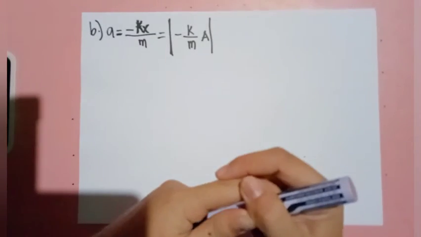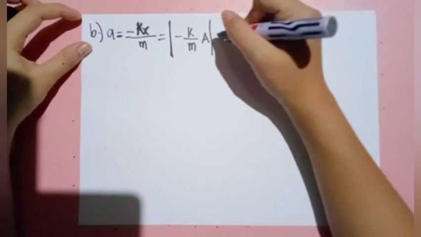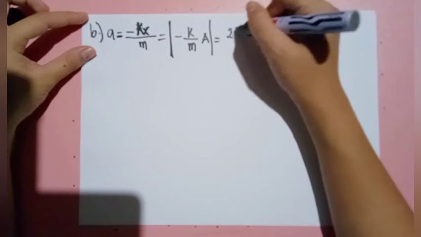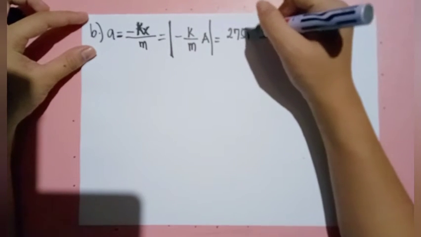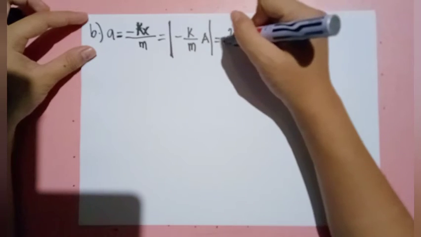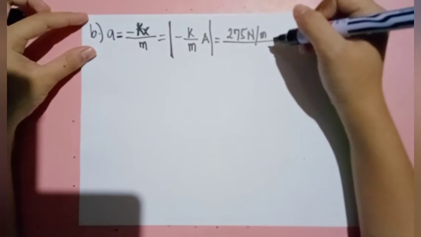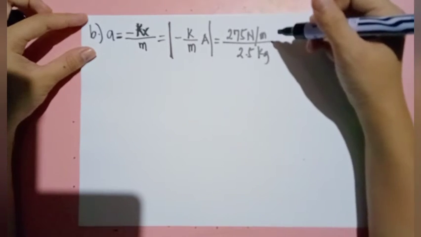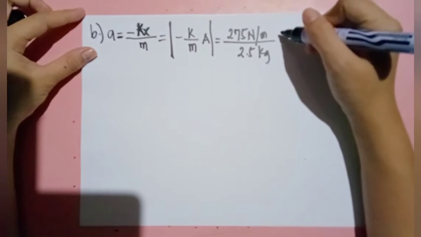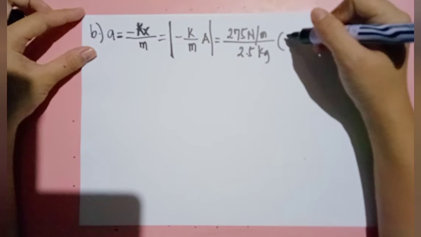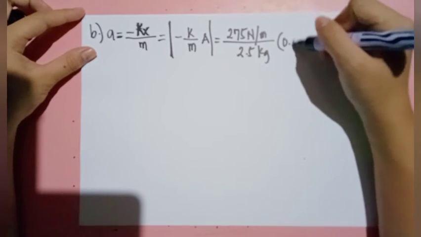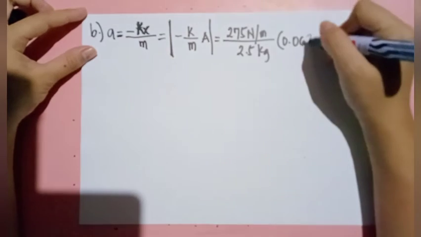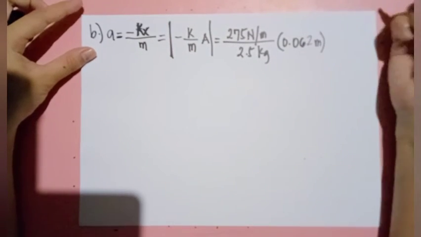And then from here, we have force constant. It is 275 newtons per meter, divided by 2.5 kilogram, and then multiplied by amplitude, which is 0.062 meters.